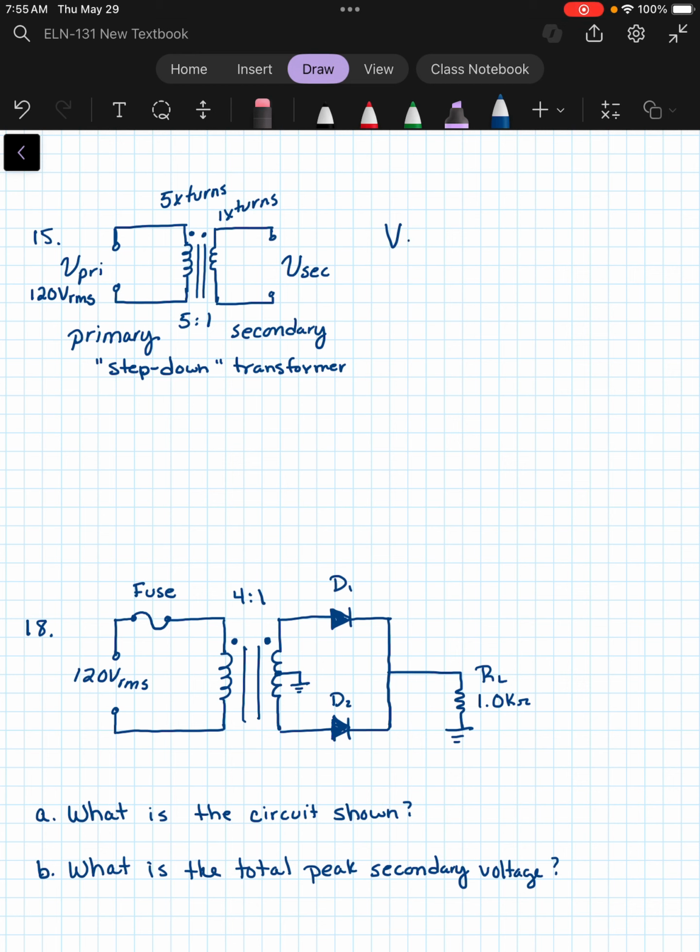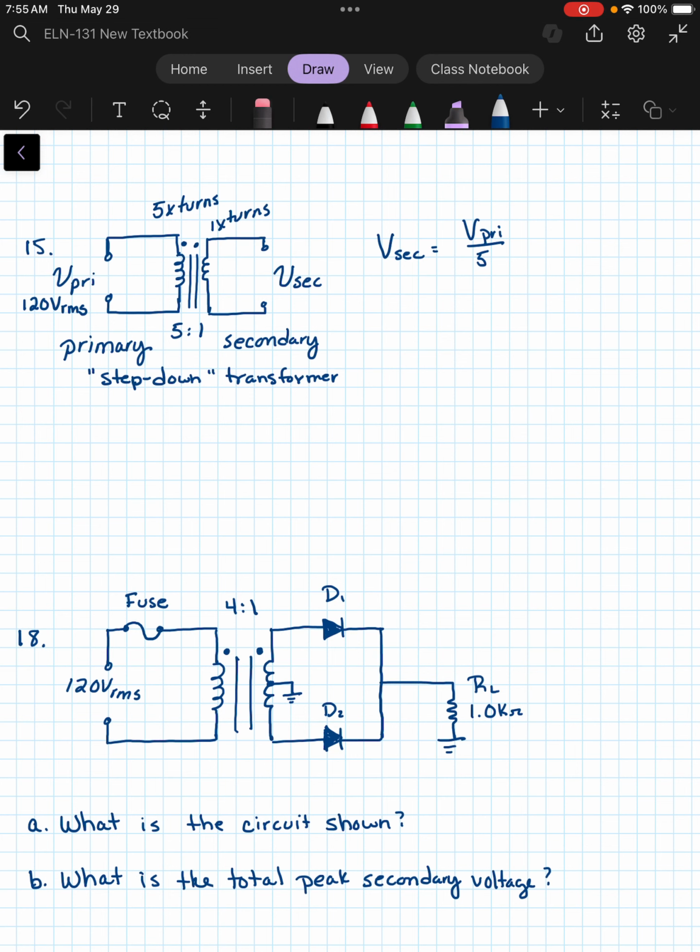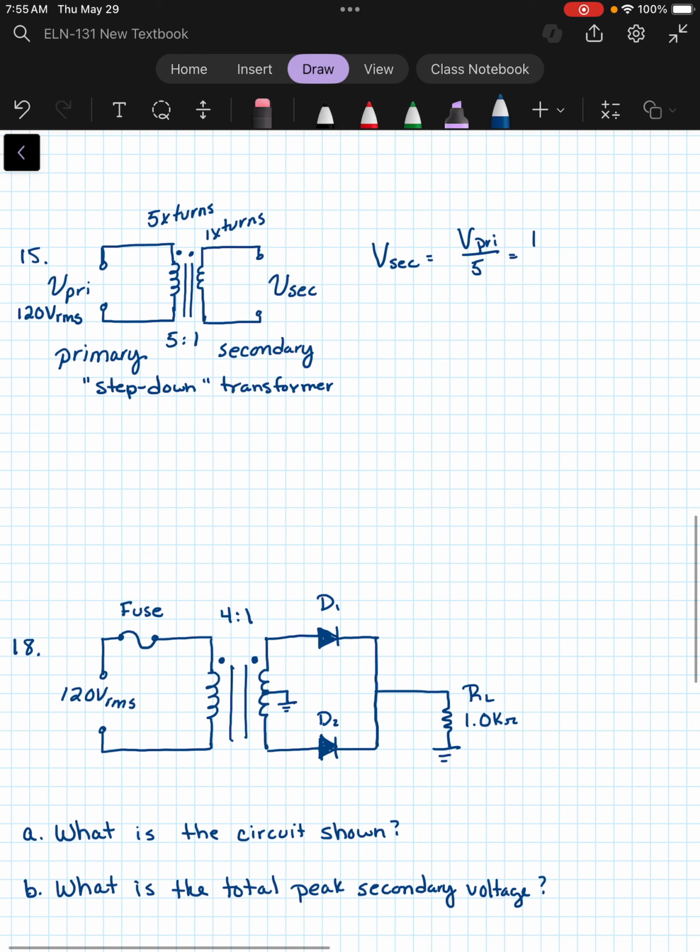Okay, so the secondary voltage would just be the primary side divided by 5, because it's 5 to 1, or 20% of the primary. So 120 divided by 5, that would give us 24 volts RMS on the secondary. Okay.